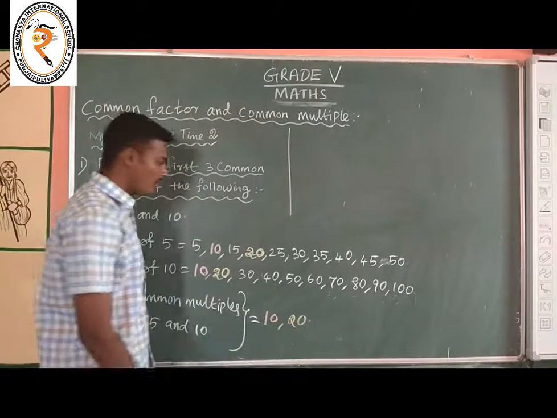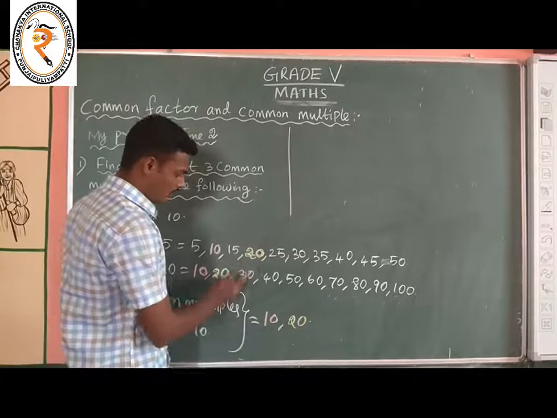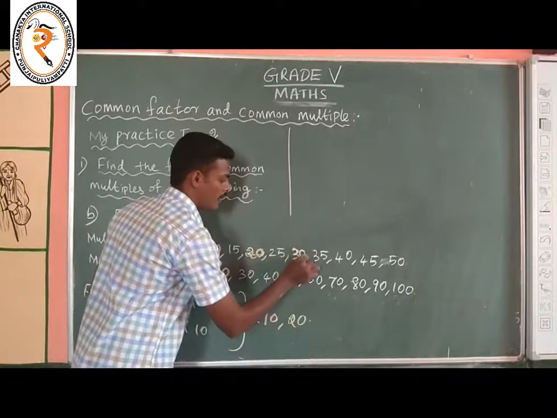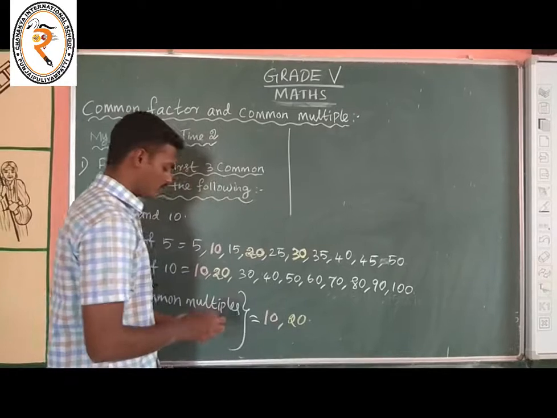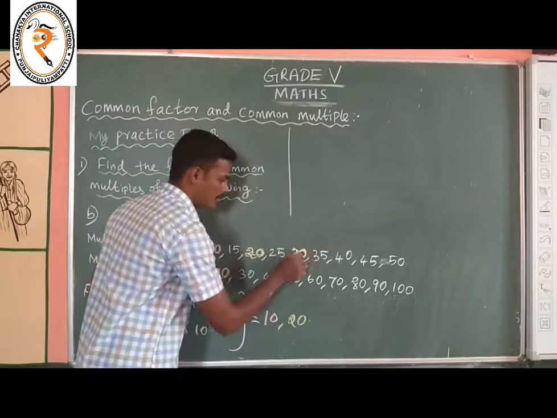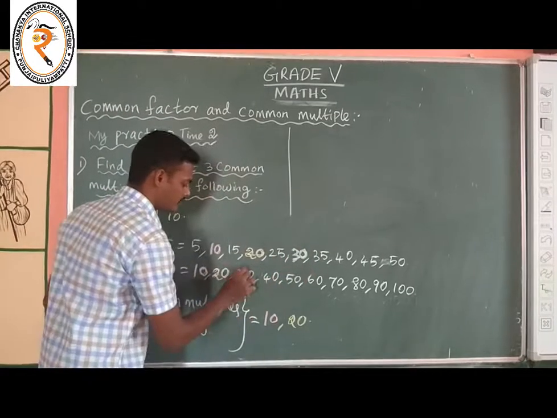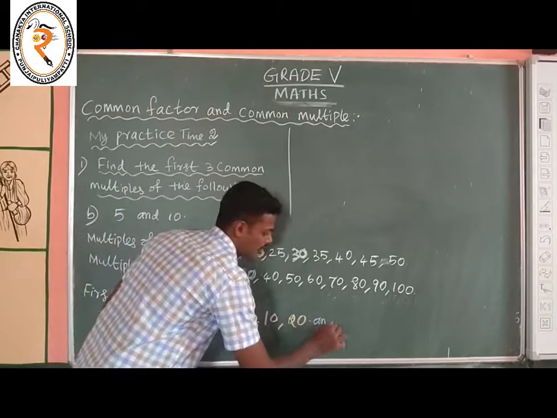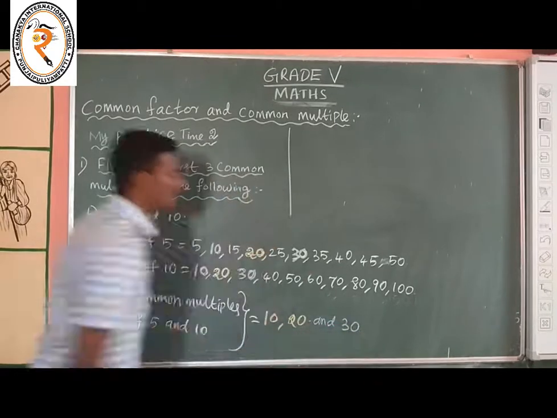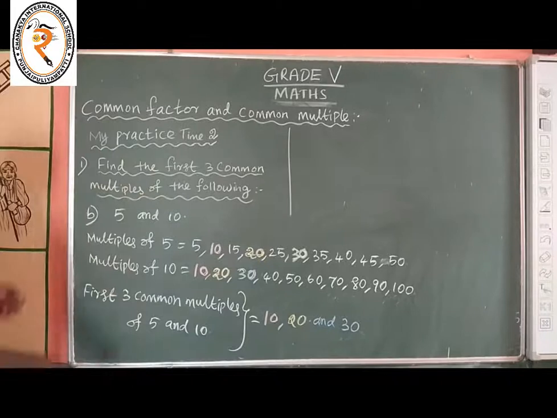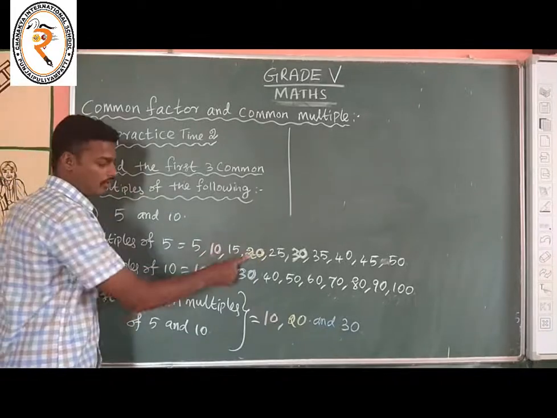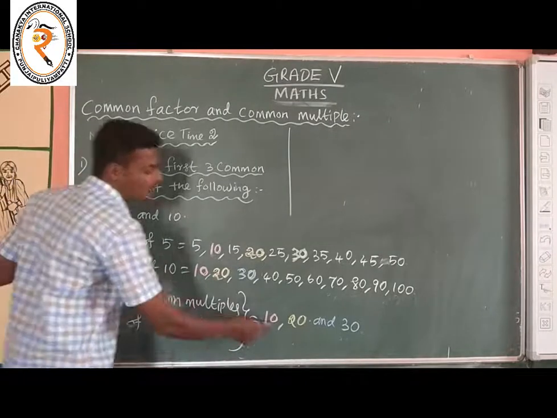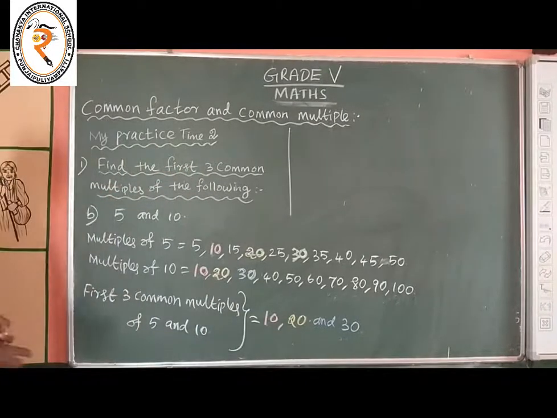The third common multiple: comparing, 30, here 30. So the first three common multiples are 10, 20 and 30.